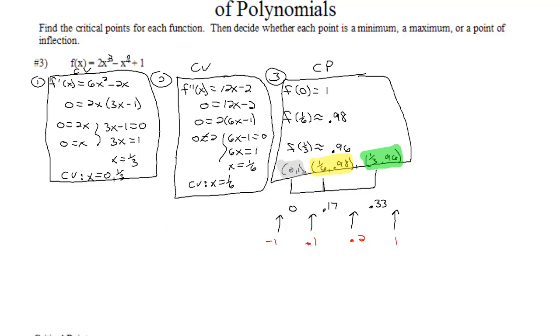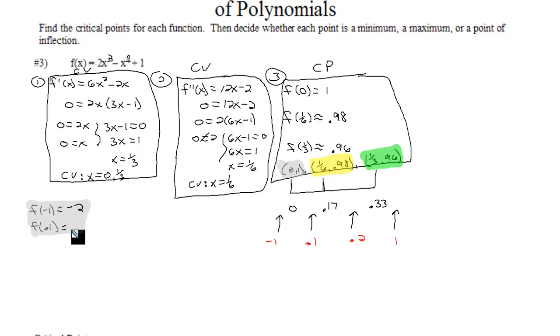So let's first focus on this gray one. I need to figure out what f of -1 is and what f of 0.1 is. I'm going to be comparing this to that first critical point, the one that's in gray, 0, 1. Using a calculator, if I put -1 in here, I get -2.